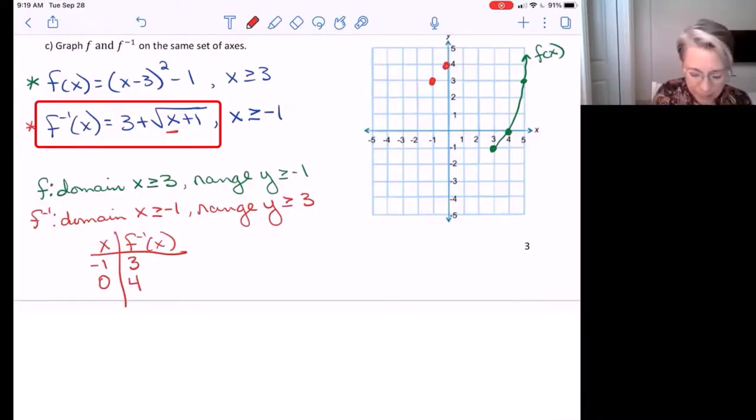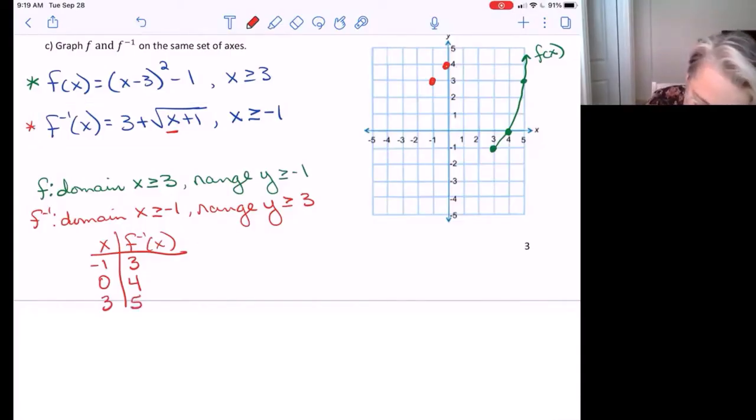And last but not least, if we plugged in 3 for x, that would give us the square root of 4, which is 2. 3 plus 2 is 5. So we get the point (3, 5). All of those points are opposites of the points that we get for f of x. They're switched.